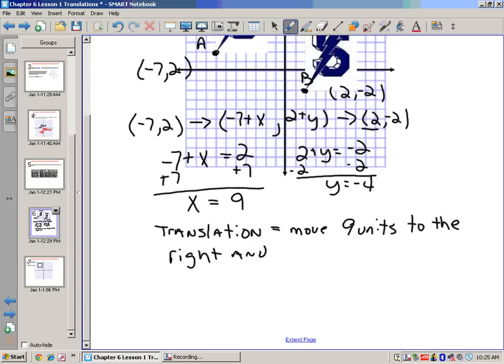And we have -4 units, and it's a negative, so that means it's going down. So there we go. There's our function part. We move 9 units to the right and 4 units down. That's how you find the slide when given the 2 points.